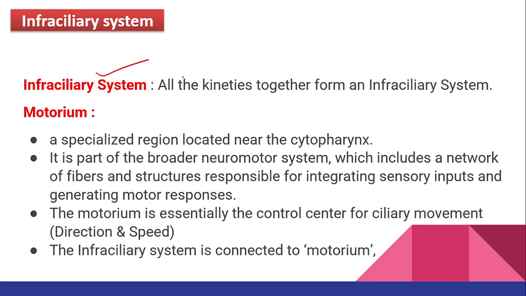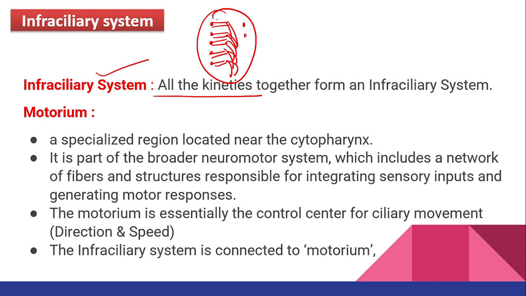Now what is the infraciliary system? The infraciliary system is all the kineties. Now see class, suppose this is one longitudinal row. From one longitudinal row, fibrils are coming out and going to attach together to form a cord, right? So this is going to form your one kinety. Then we have another longitudinal row, which will have its own cord of fiber. So it is going to form another kinety. Same way, we have many kineties present in an organism.